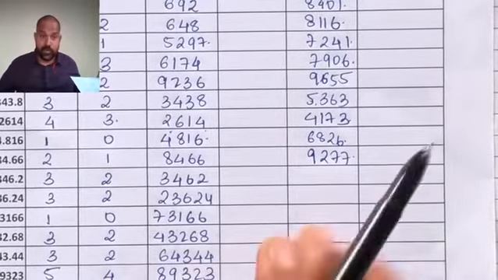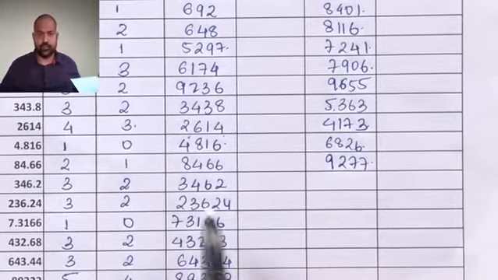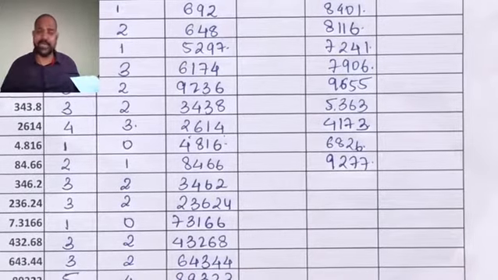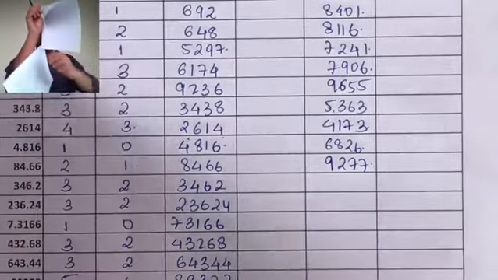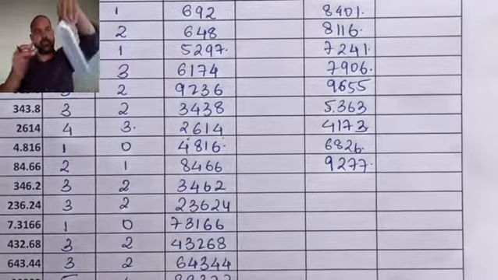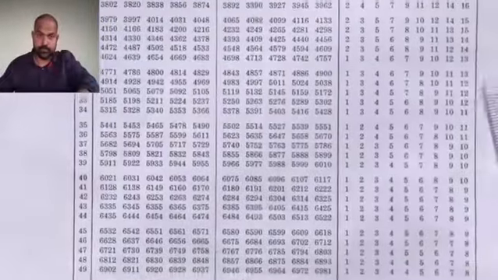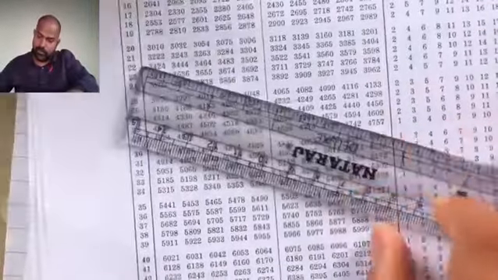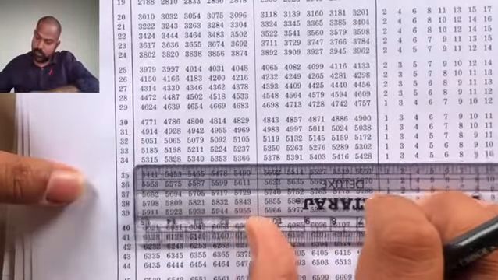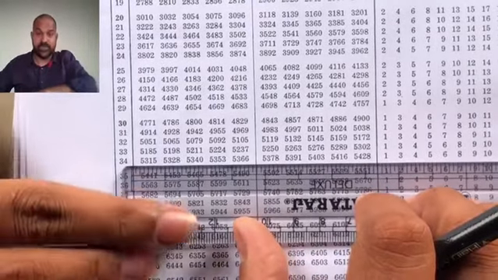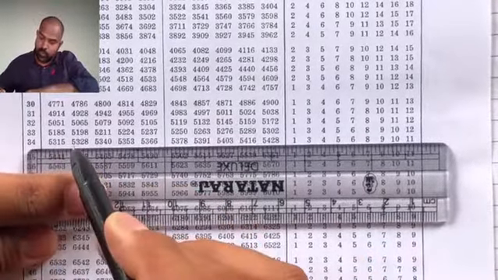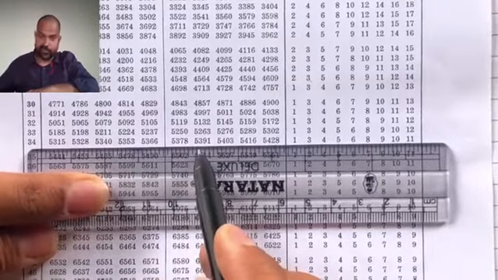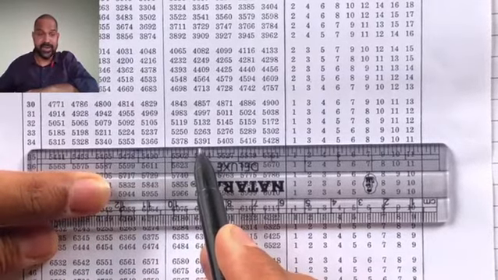Next is 3462. In 34 we look for 6, in that we look for 2. In 34 when you look for 6, it is going to be 0, 1, 2, 3, 4, 5, 6. So it's going to be 5391.